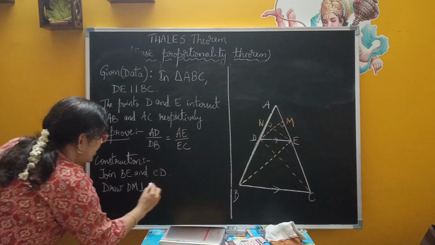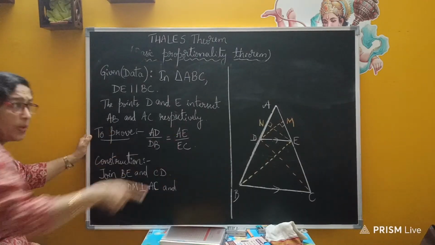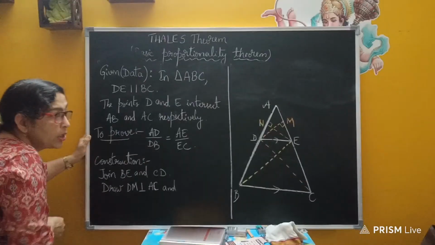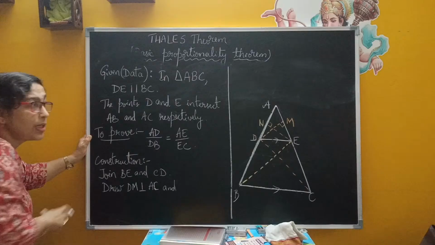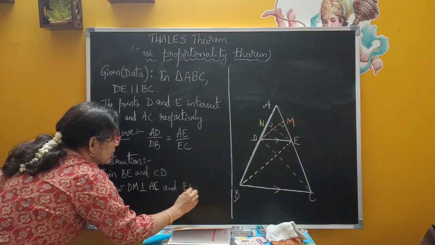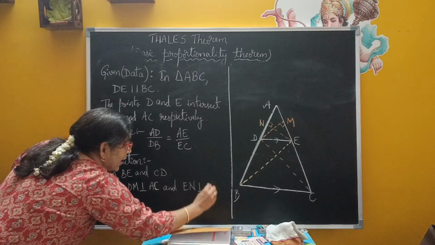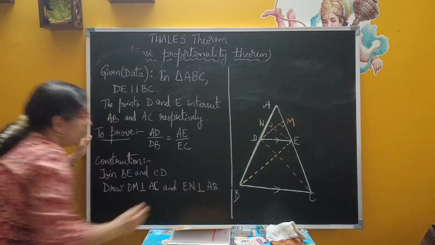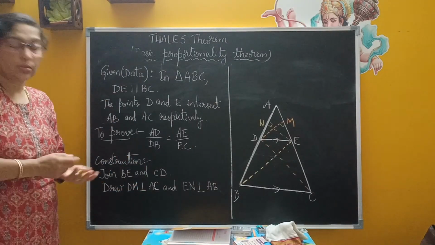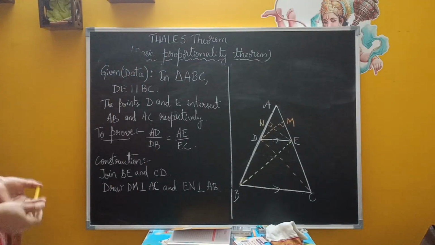If it is perpendicular to AC, obviously it should be perpendicular to AE also, since AE is a small part of it. And the other one, EN, is perpendicular to AB or AD. So the first part of the theorem is finished. Now let us go for the proof. You also finished till here?